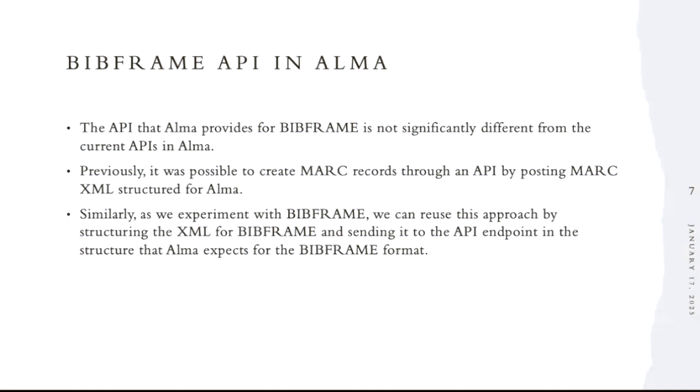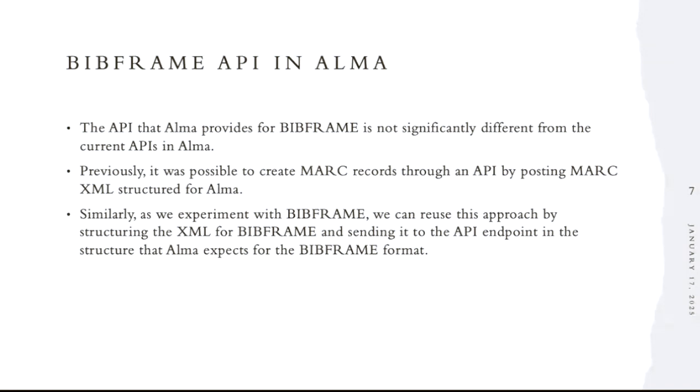So just some background to know about for the API. It's not significantly different from current APIs in Alma. If you have some experience creating or updating MARC records through the API, you're posting MARC XML structure to an endpoint.